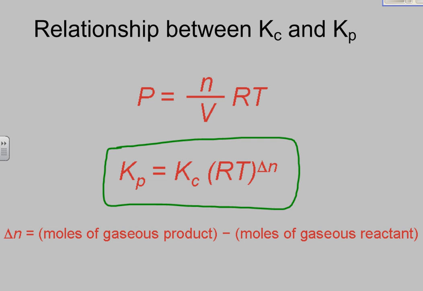It's important to realize that the delta n is used as the exponent for RT, and T obviously has to be in Kelvin. That delta n is equal to the number of moles of gaseous product minus the number of moles of gaseous reactant. So keep that in mind as you do practice problems with these.